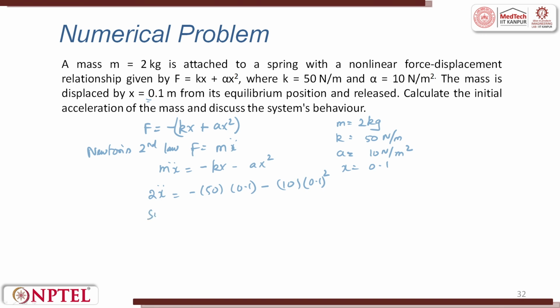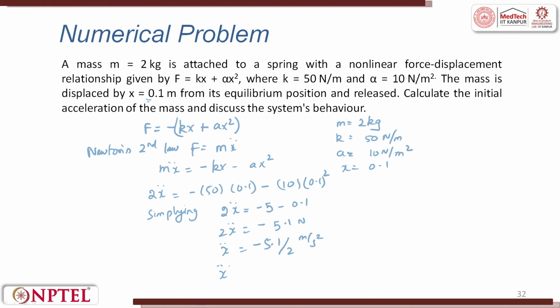So, simplifying it, what we get is 2 x double dot equal to minus 5 minus 0.1. So, 2 x double dot is equal to minus 5.1 Newton. So, x double dot is equal to minus 5.1 divided by 2 meter per second square.